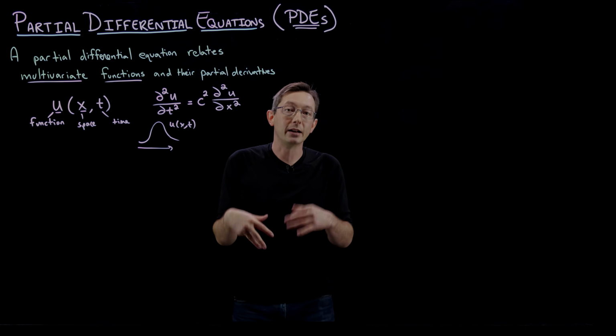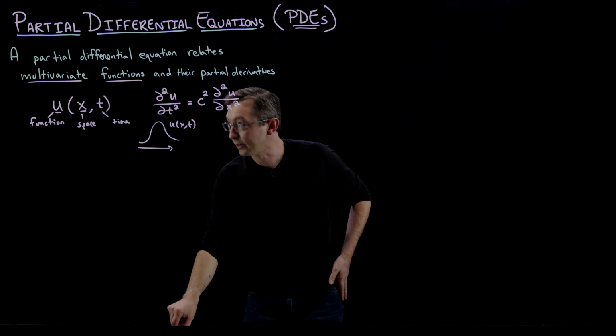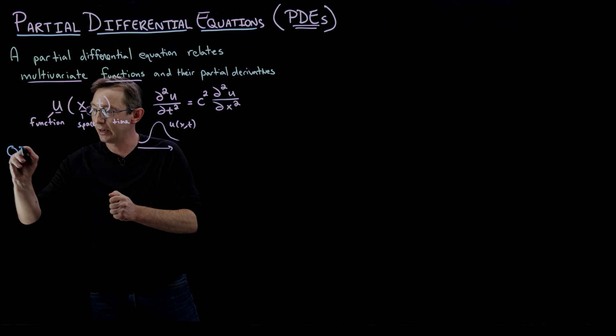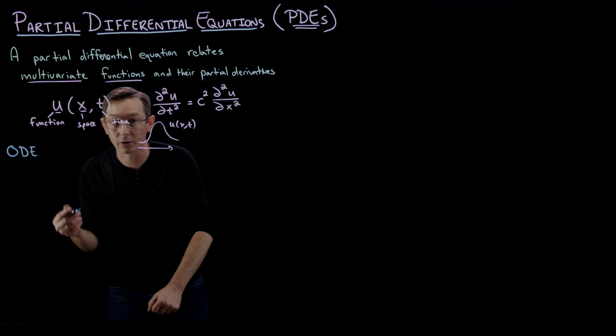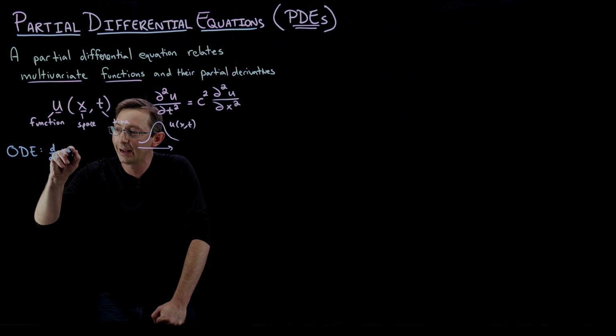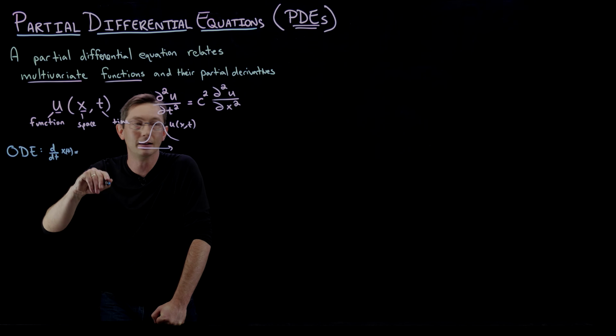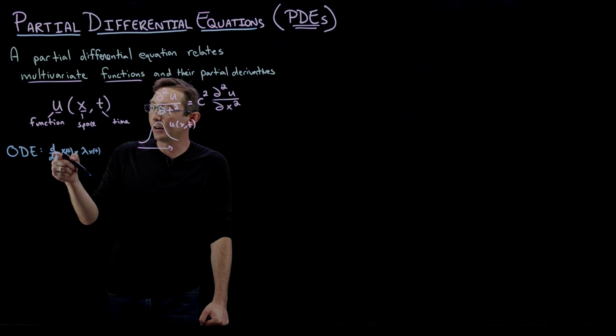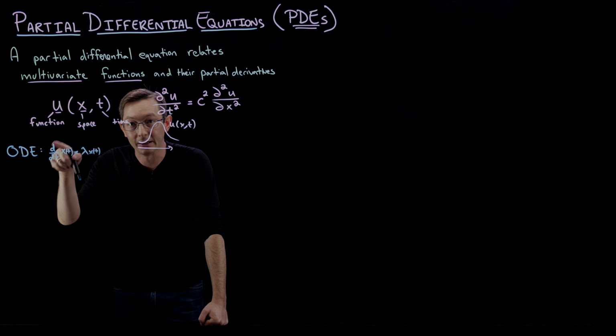Now that's different from an ordinary differential equation. Just as a sidebar, an ordinary differential equation is usually a single derivative of a function, the derivative of x of t equals some function of x, like lambda x of t. In this case, there is only one variable being varied, time.